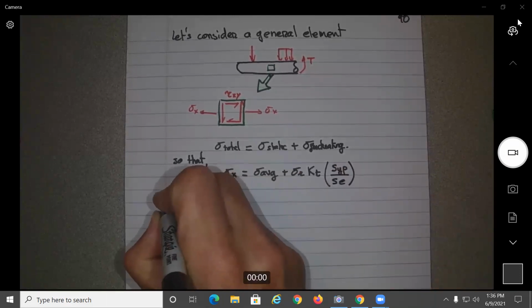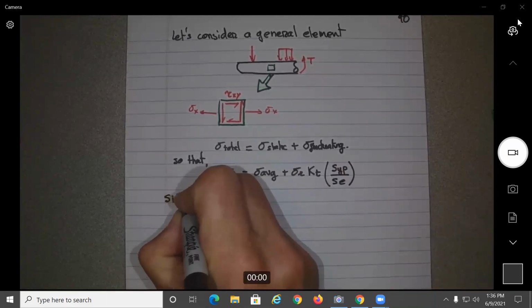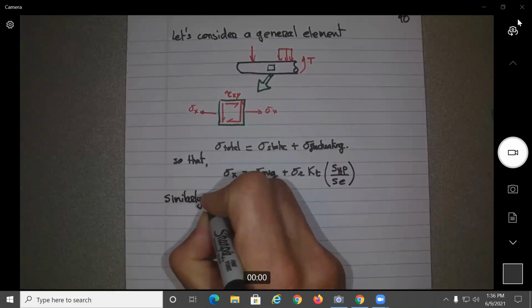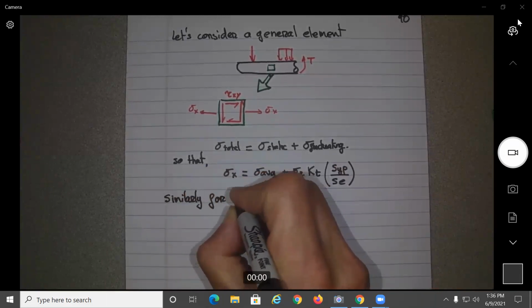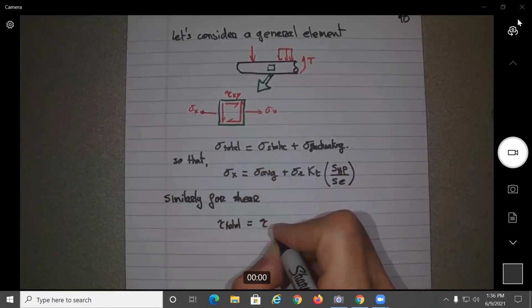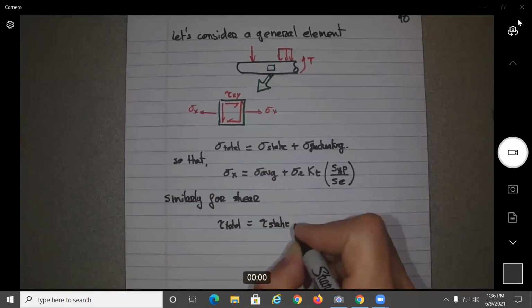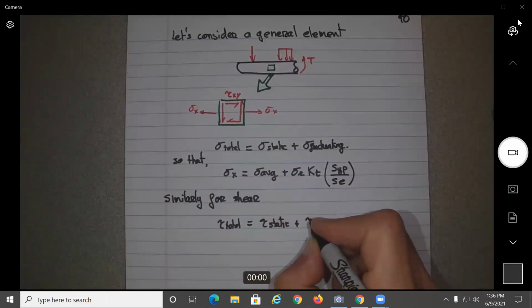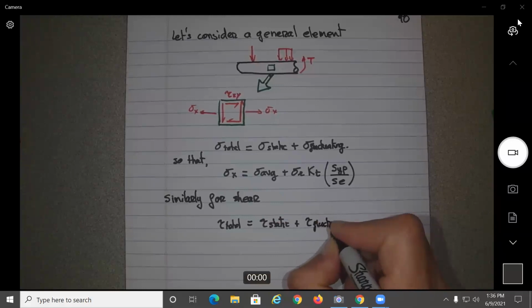And similarly for shear, you have that the total shear stress would be equal to a static component plus a fluctuating or dynamic one.